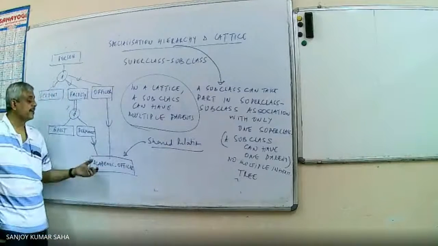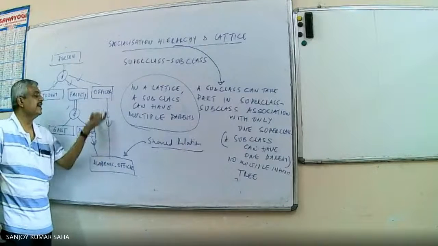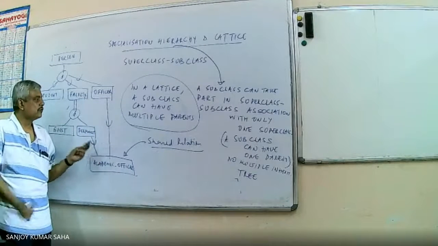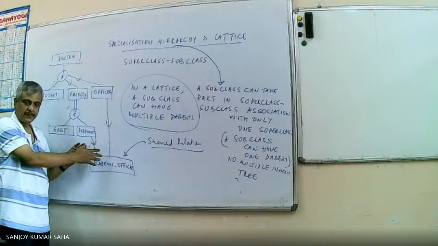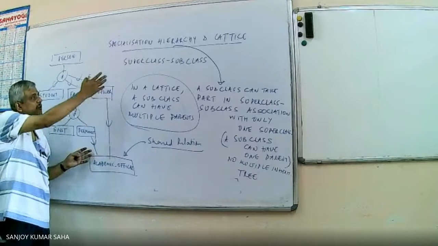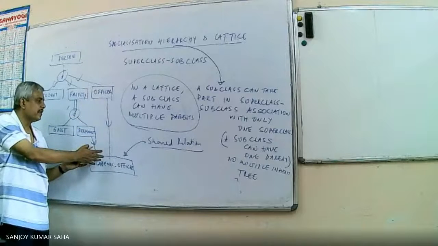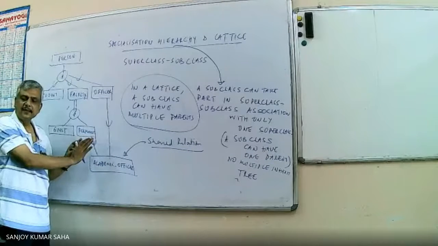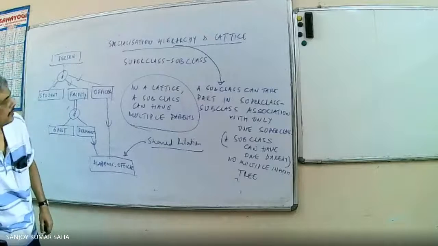In case of a lattice, we can find a shared relation. It is having multiple parents, so it's no longer a tree. We will not say this is a simple hierarchy. So this is the terminology for lattice.